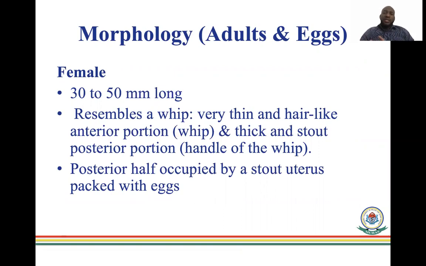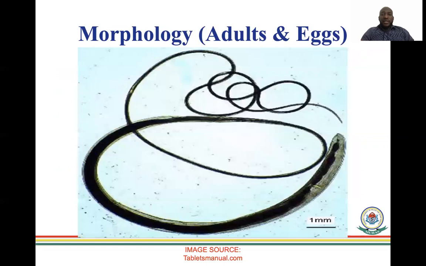But the difference from males is that the female's posterior end is not as coiled as the male's. The posterior half is occupied by a stout uterus packed with eggs. You can see this as a difference. If such a question comes up in an exam, you'll be able to differentiate between males and females. These would be the females, and the ones that are coiled would be the males.